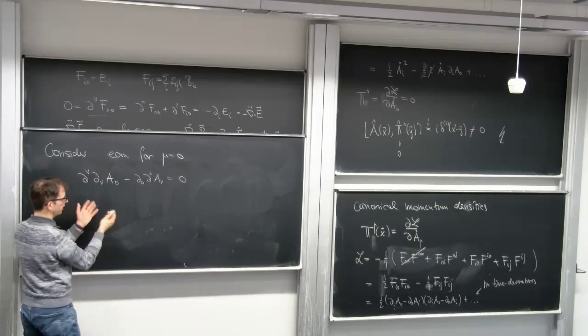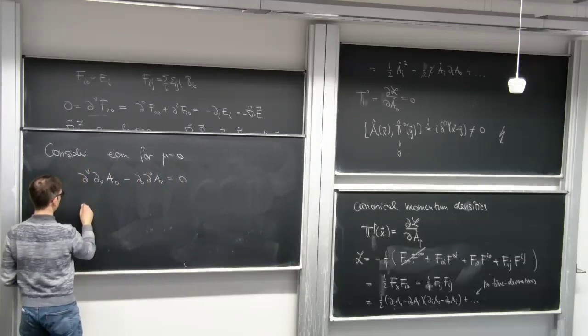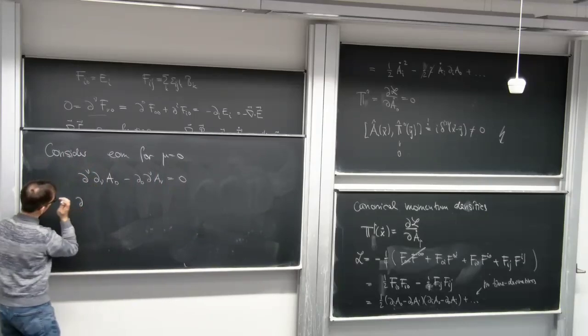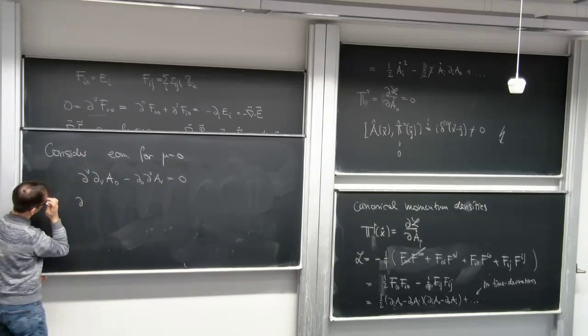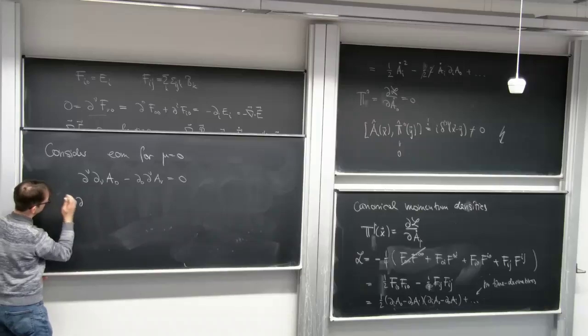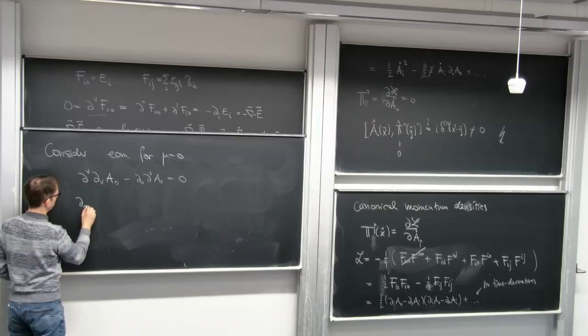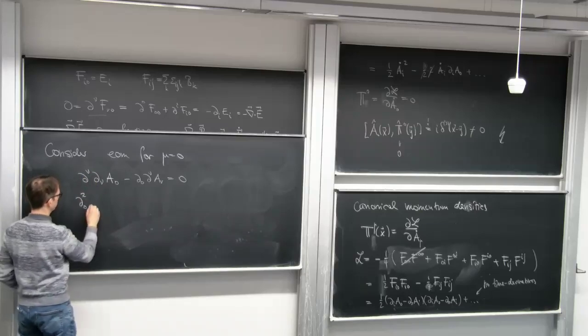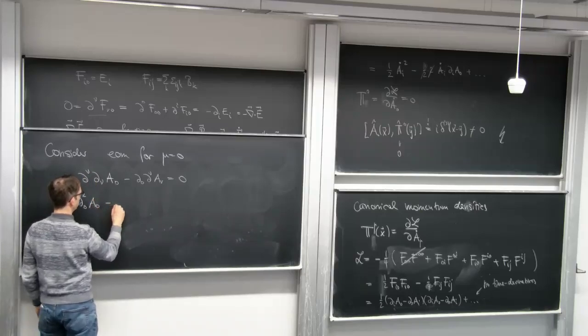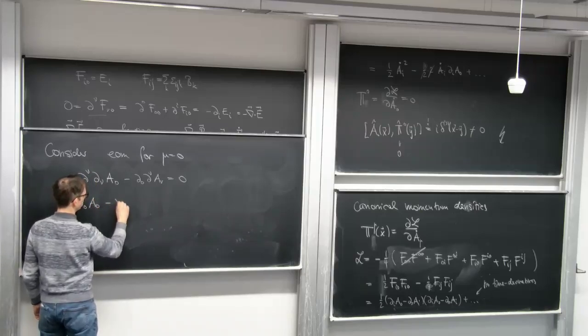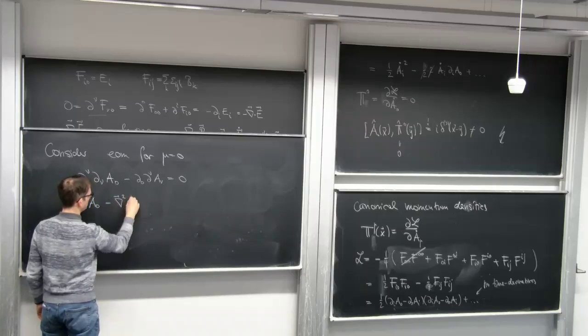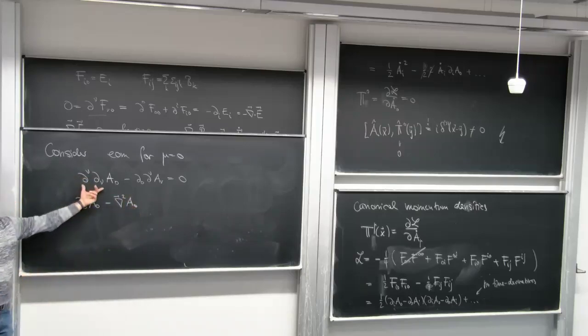Now again, split into temporal and spatial parts. This is d0, 0, 0. And since 0 can be up and down, why not putting it down? d0 squared of A0 minus this thing, A0. What's that? This is like box. Also right.